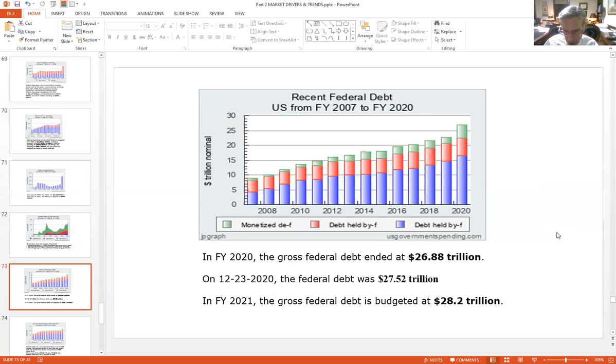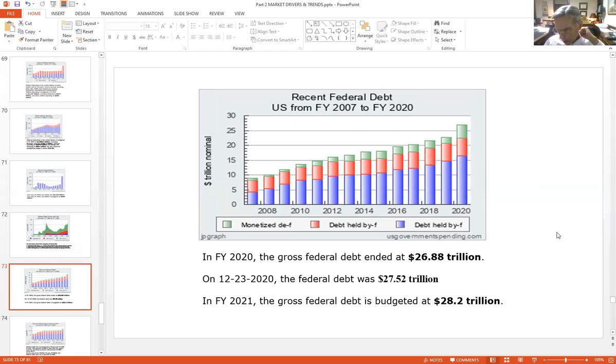So at this point, we've got total federal debt in 2020. At the end of federal fiscal 2020, we just saw it was about 26.9 trillion. By December 23 of the year that I'm making this video, Christmas time, it had grown to 27.5 trillion. And for fiscal 2021, ending October 1st of 2021, it's expected to reach 28.2 trillion.